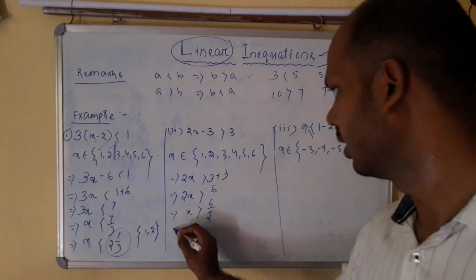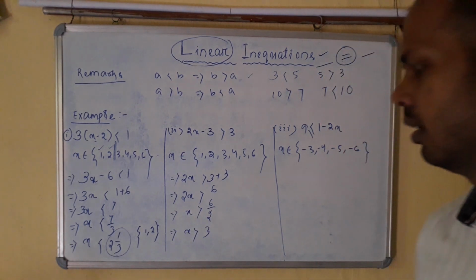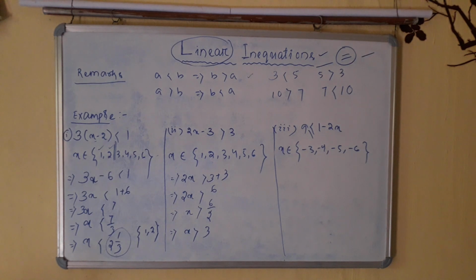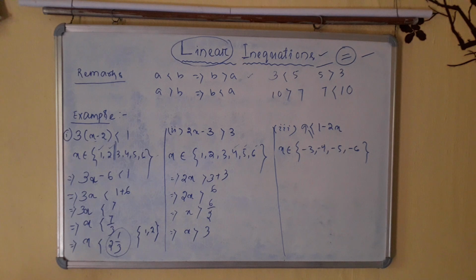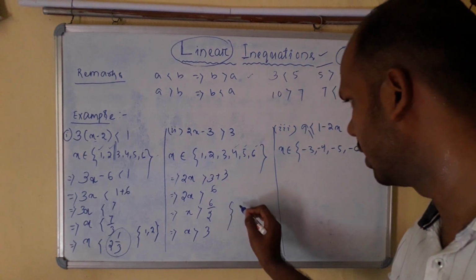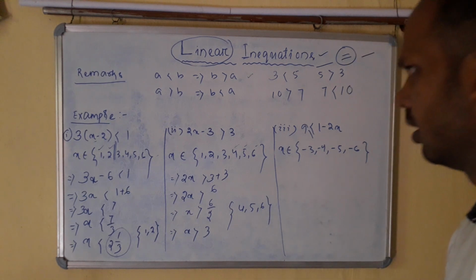So x is greater than 3 here. X greater than 3 means the values will be 4, 5 and 6. Now the solution set is 4, 5 and 6.